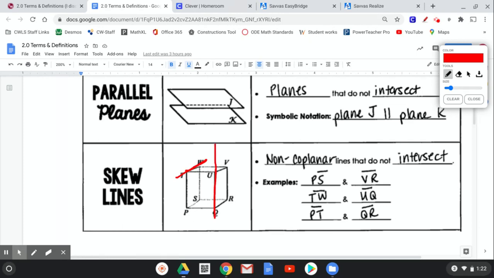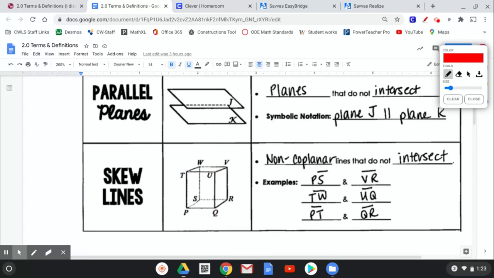Even though if you draw them two-dimensionally you think they're going to intersect, that's just because we're looking at it on a piece of paper. I can show you this in class if you have questions. In a three-dimensional object, one's going to be behind or next to the other so much that it's not going to be able to intersect it.